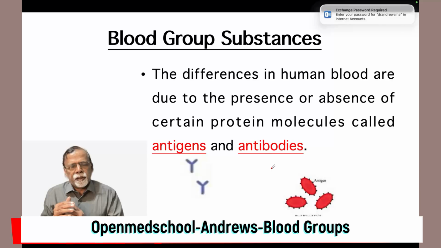There are certain protein molecules. They are the antigens. So here you can see the RBC, there are antigens, and there are antibodies in the plasma. So plasma contains antibodies and the antigens are on the RBC's surface.